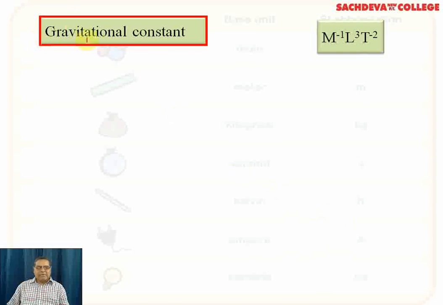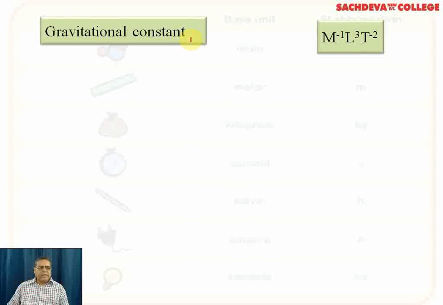Now comes the gravitational constant. This dimension can be estimated from the formula of gravitation. The formula of gravitation is F equals G m1 m2 divided by r square. When we speak of G capital, it is the gravitational constant, m1 and m2 are the masses, and r is the distance between the two bodies.